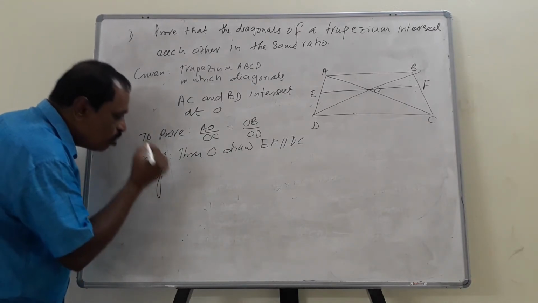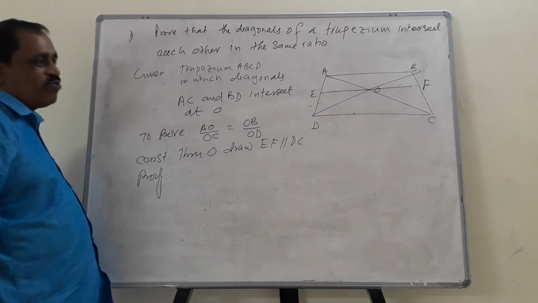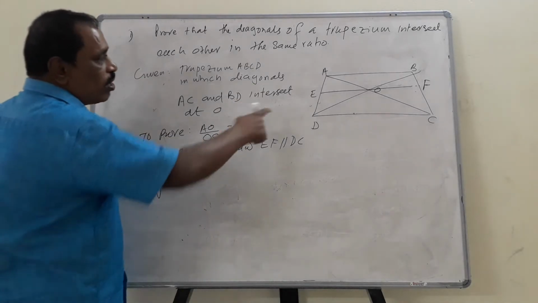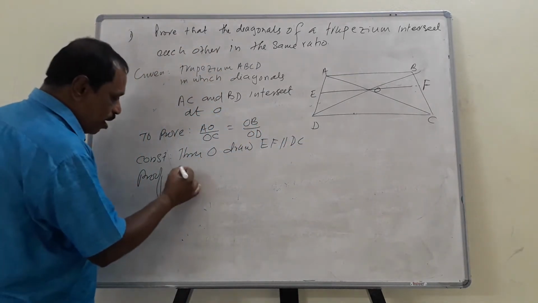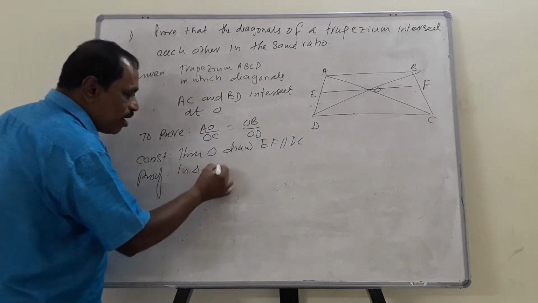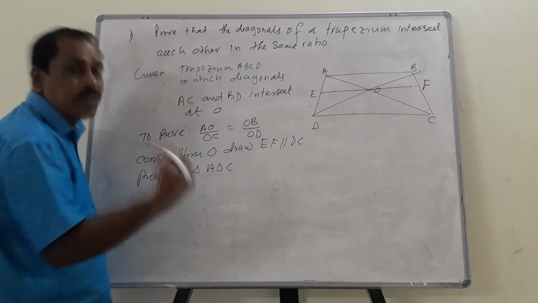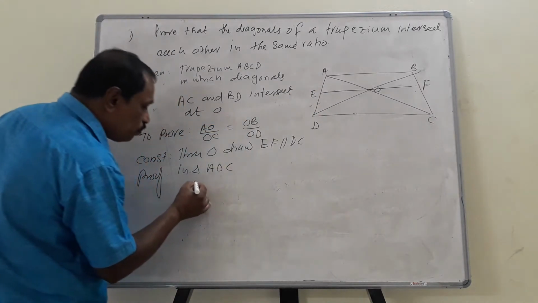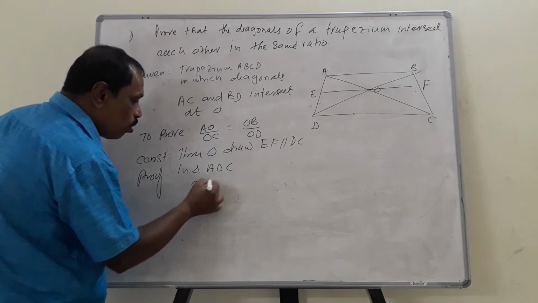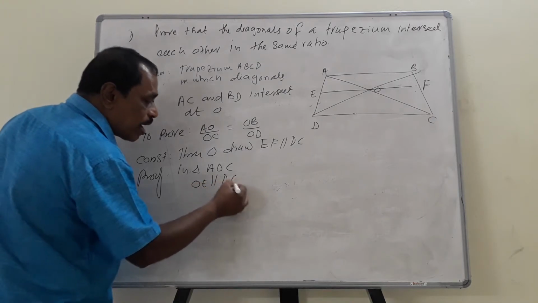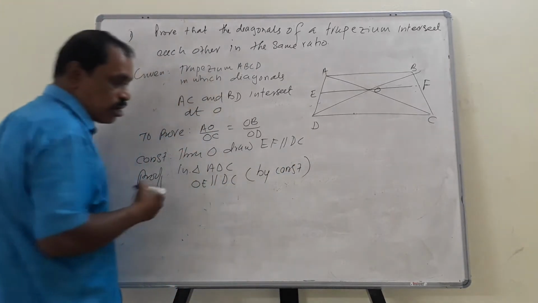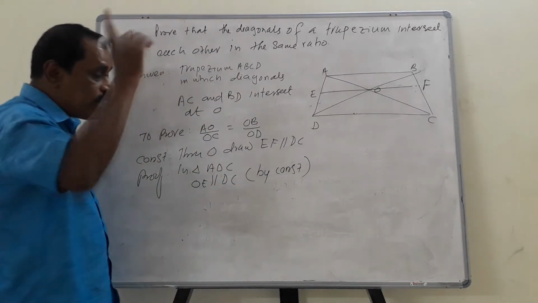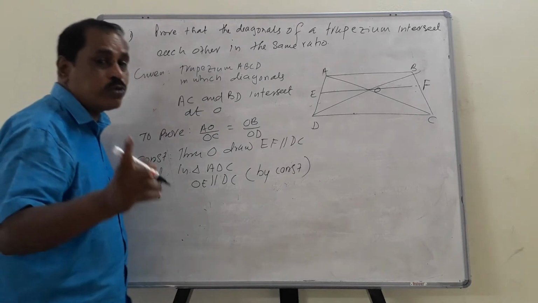We know the basic proportionality theorem. Now consider triangle ADC. In triangle ADC, what is given first? EO parallel to DC, correct? Why? By construction. Write the reason for each step in geometry, otherwise you will lose marks.